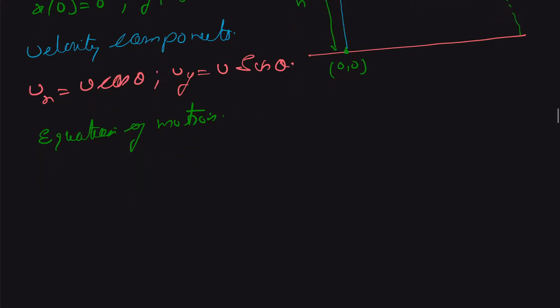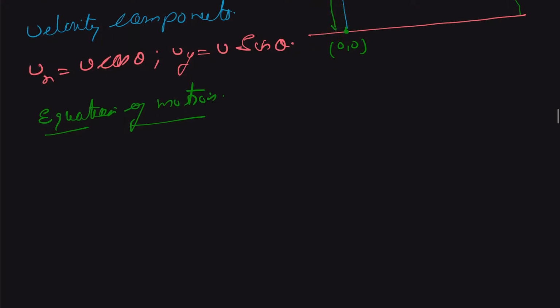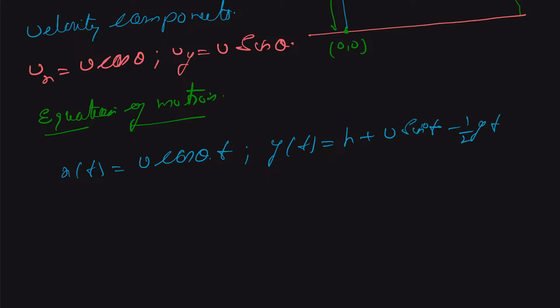For this equation of motion we can say that x of t will be equal to v cos theta multiplied by time t, and y of t will be equal to h plus v sine theta times t minus half g t square.